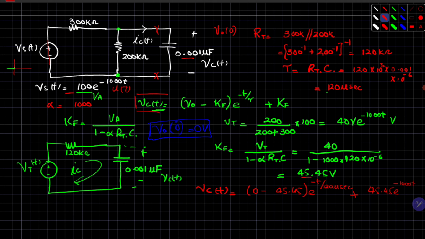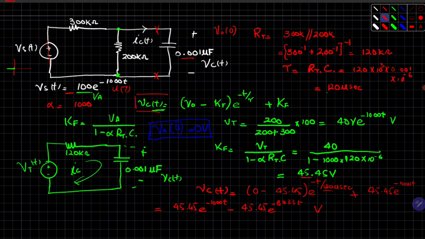Now the rest of the things are only calculations. So we have 45.45 e raised to power minus 1000 t minus 45.45 e raised to power minus 8333 t, as 1 over 120 microseconds is equal to 8333. Now this is in volts.